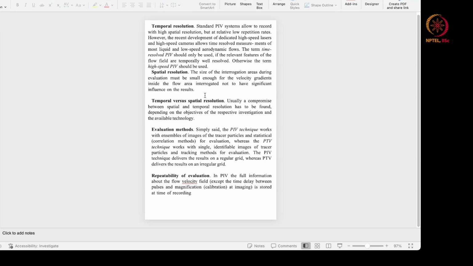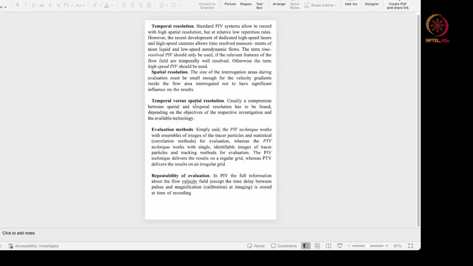So in those cases, we have to make the interrogation window sizes really small for you to be able to resolve the flow field. So in areas of strong velocity gradients, like you would do in your CFD, you reduce the cell size. Here also, you have to do the same thing. All right. Okay.